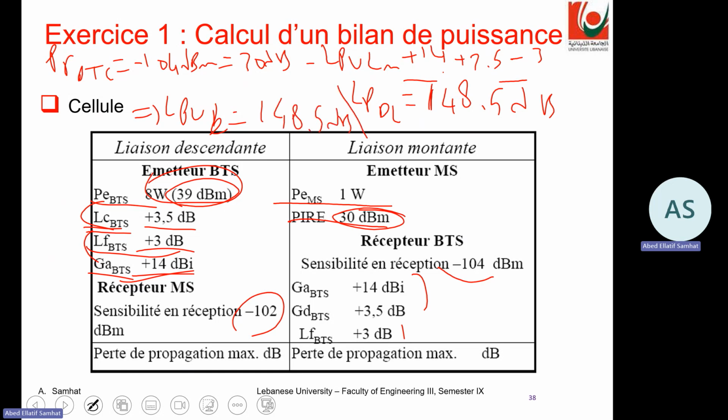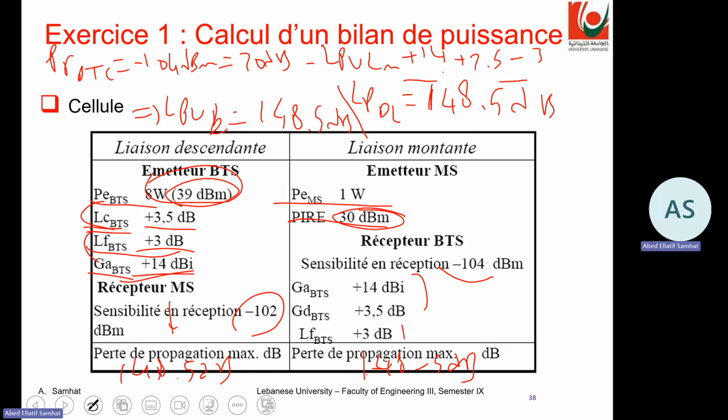So in this case, we found that the maximum path loss in the uplink is 148.5 dB, and the maximum path loss in the downlink is also 148.5 dB. And in this case, it's a balanced link. Okay, so the link budget is okay.